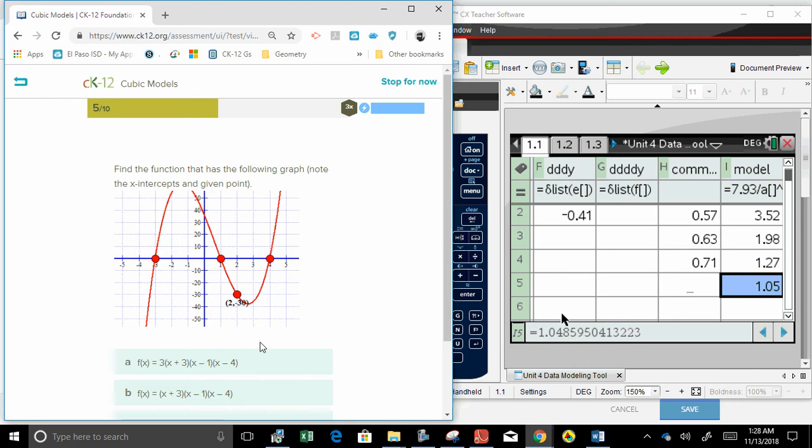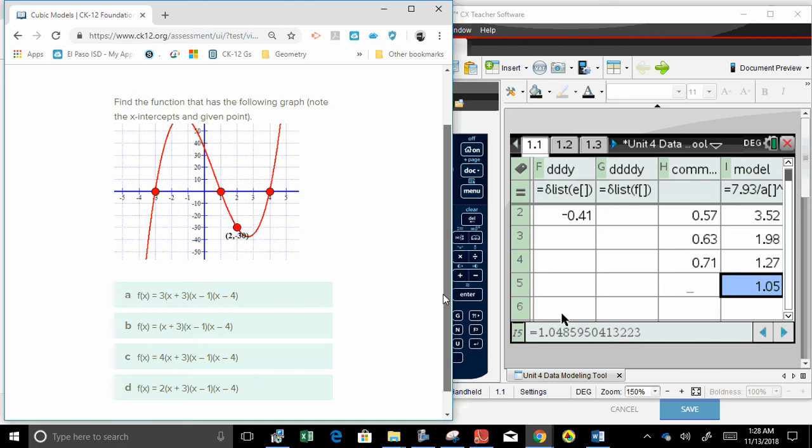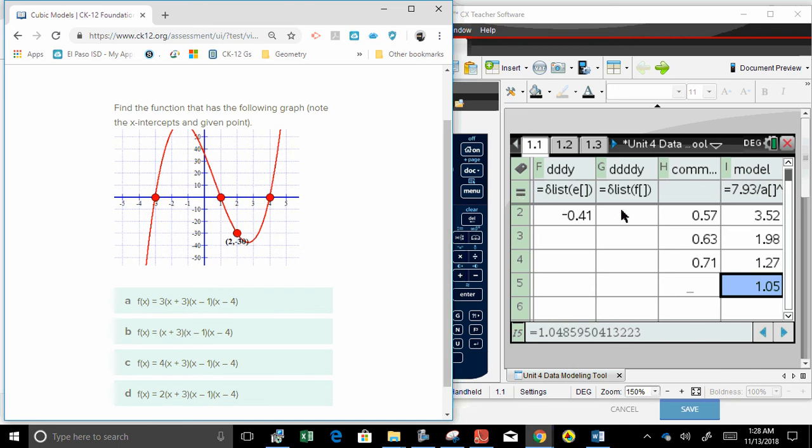Next. Find the function of the following graph, the x-intercepts at given points. This is a cubic, and it's positive. So, well, just need to know how to stretch it.